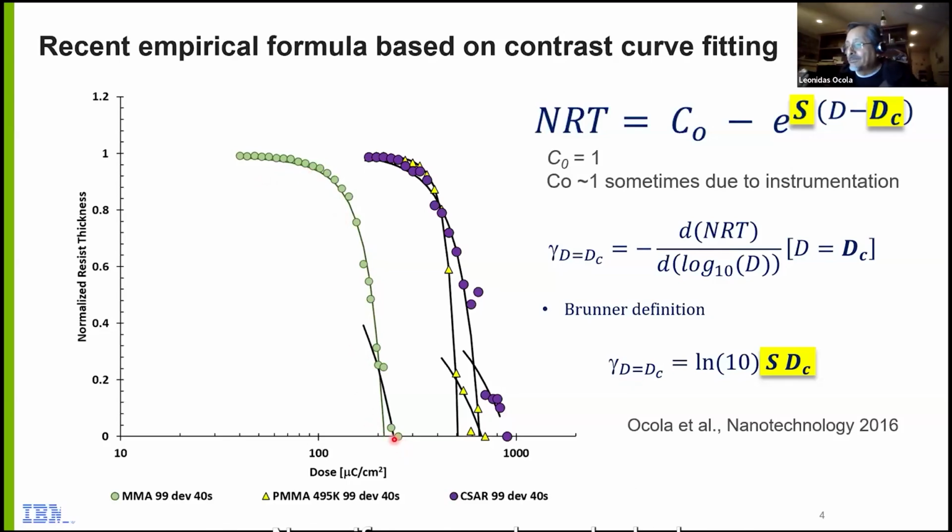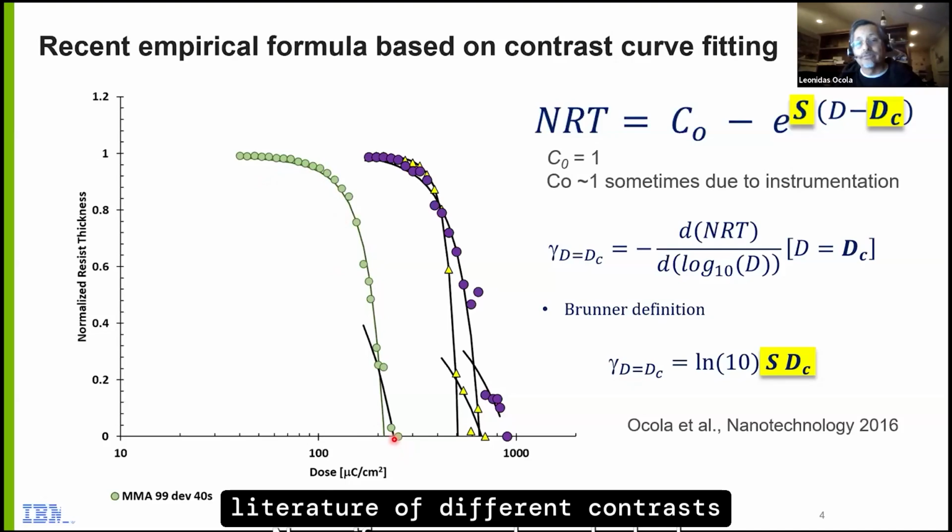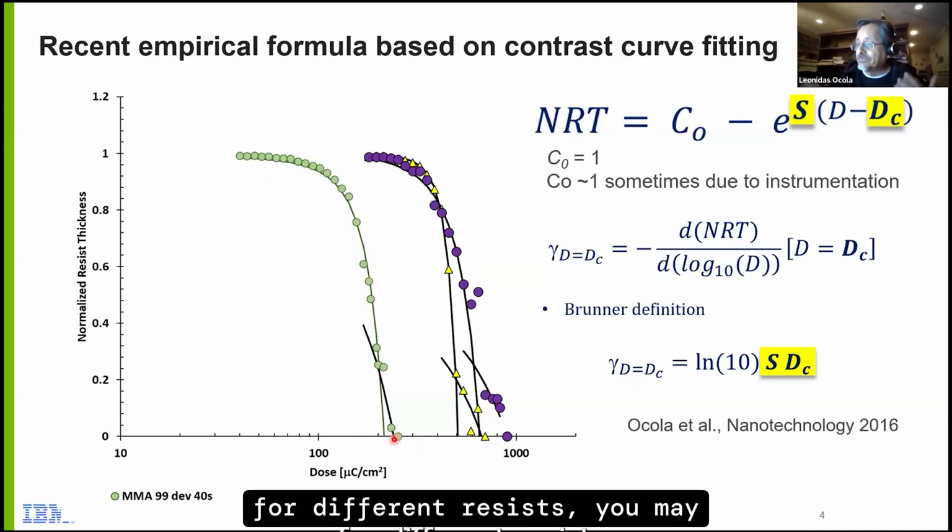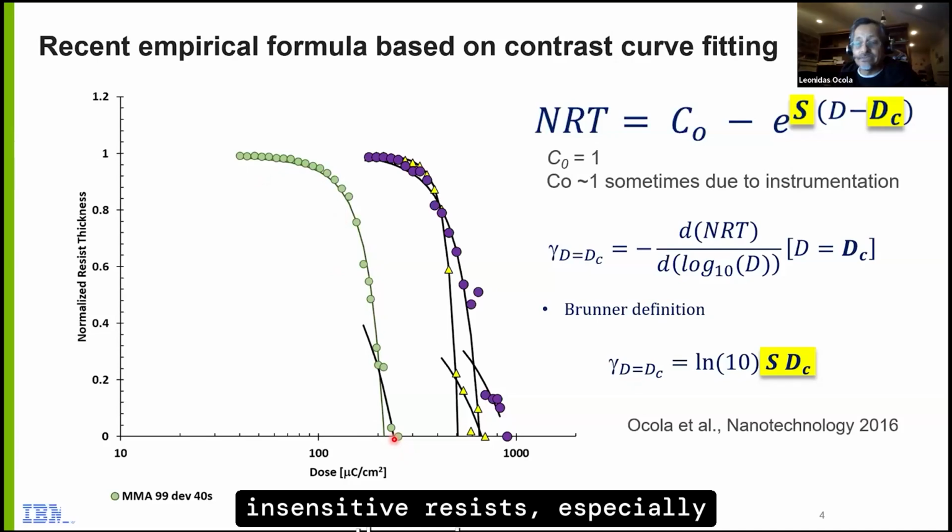Now, if you ever have looked into literature of different contrasts for different resists, you may start noticing that the very insensitive resists, especially positive resists, always have higher contrast. And the resists that are very sensitive will have very low contrast.